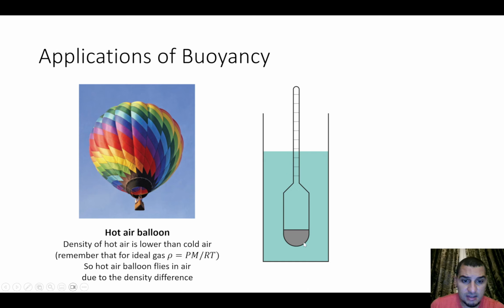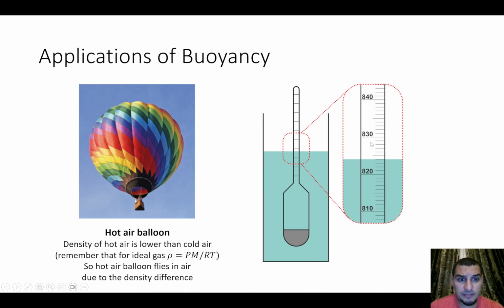It has a big part at the bottom with a weight, and a long narrow tube that is graduated with numbers on it, and it's calibrated, so you know that this hydrometer can measure densities between, let's say, 800 and 1000 kilograms per meter cubed, for example.